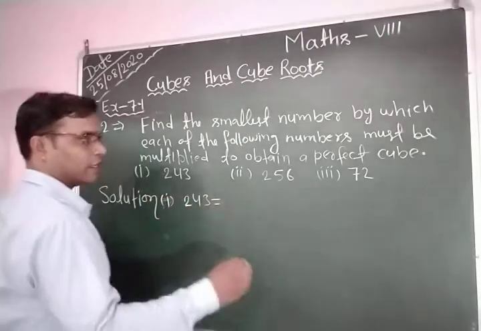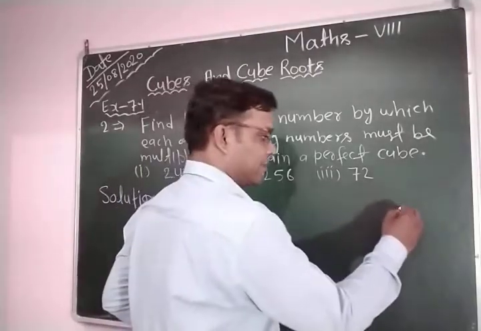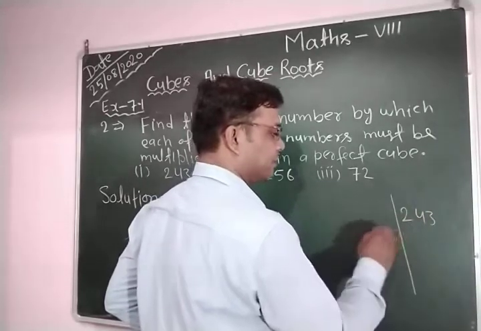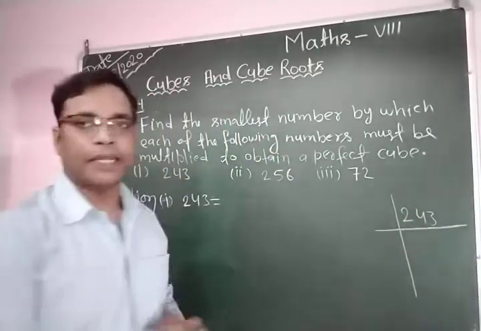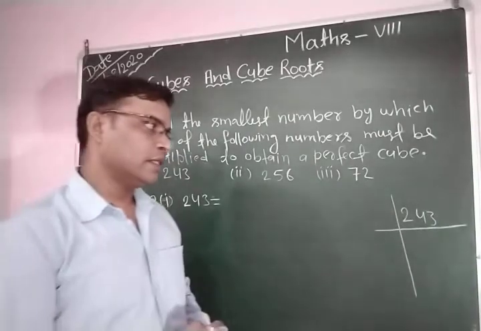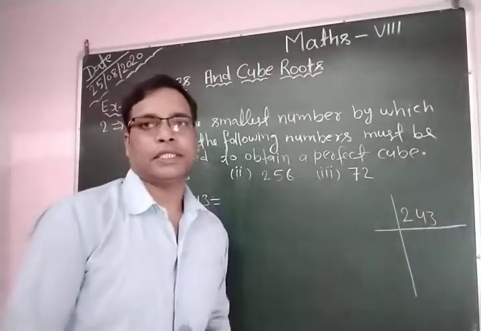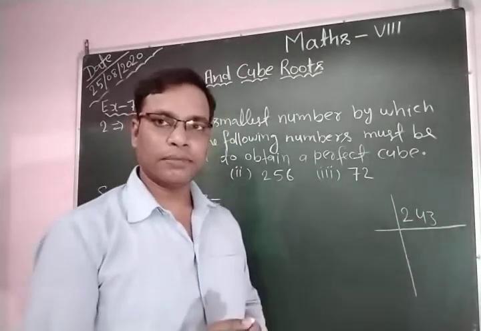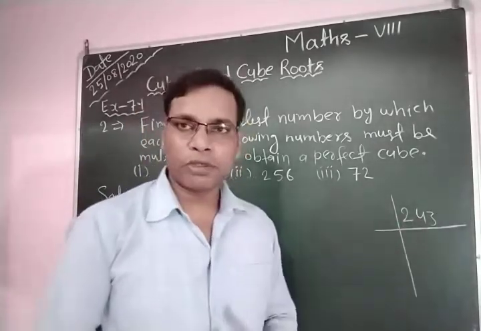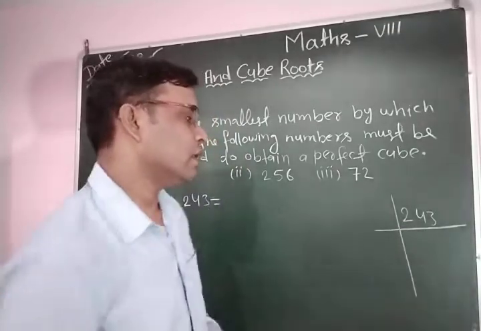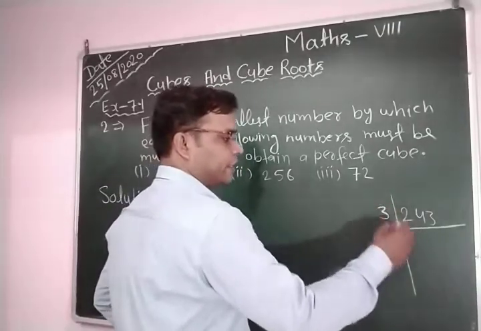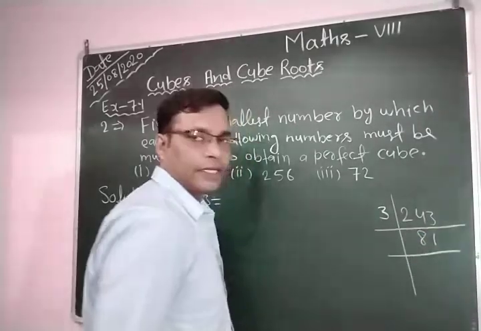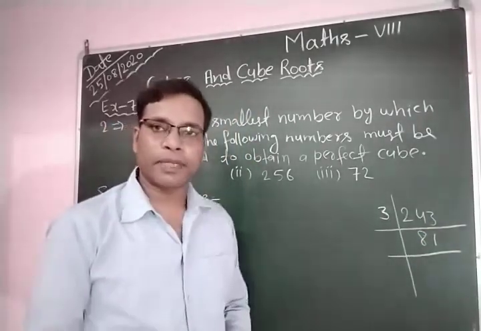First we find the prime factors of 243 by the prime factorization method. Which number is 243 divisible by? Obviously you can say 3, because the sum of digits is divisible by 3. Okay, so you write here 3, 3 eights are 24, 3 ones are 3. Again 81 is also divisible by 3.